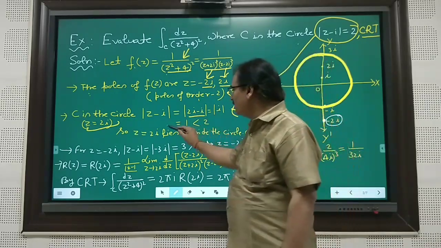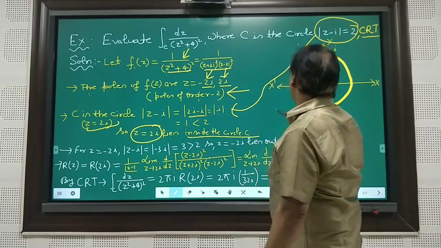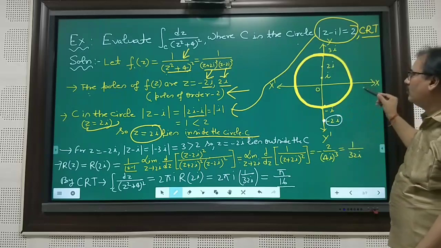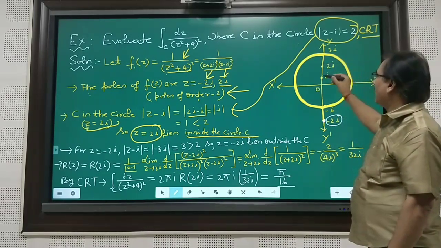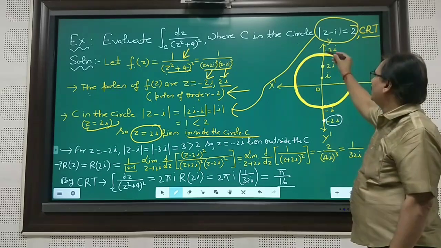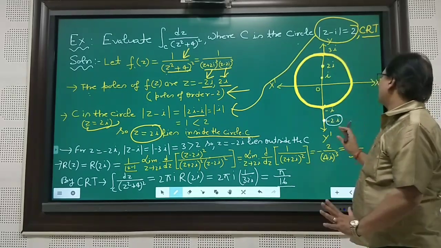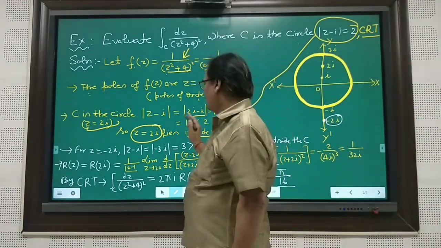It means z = 2i lies inside the circle C. Just look here: if this is the circle, then z = 2i is always inside the circle C. And i is here, 2i is here, 3i is here, −i is here, and −2i is here. These are the locations of the points.